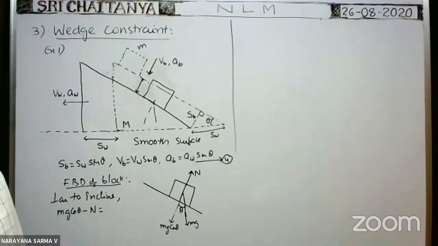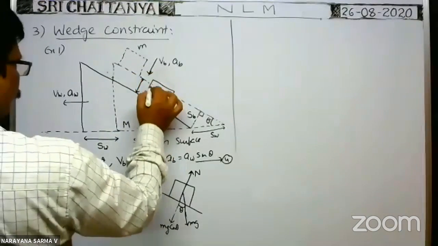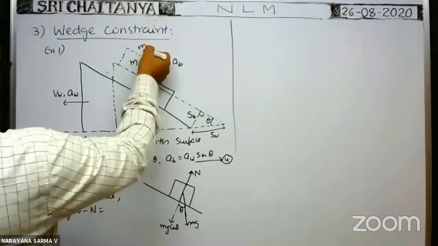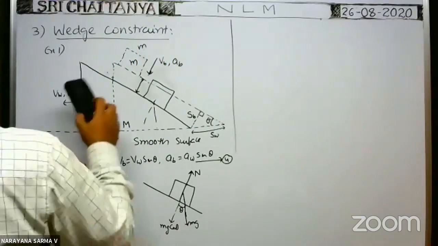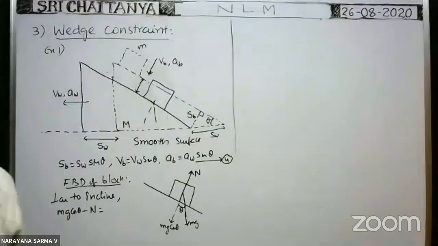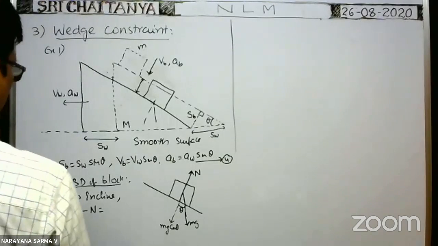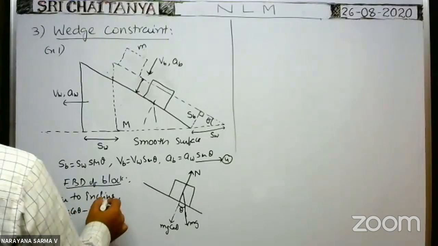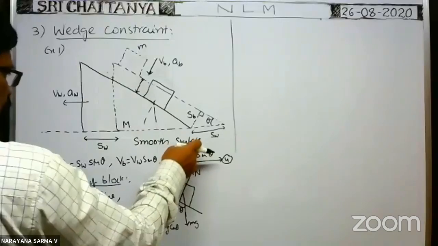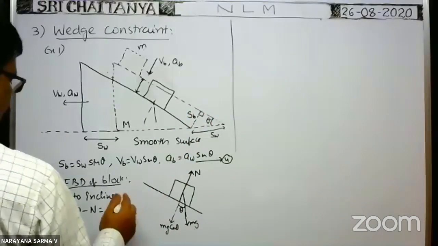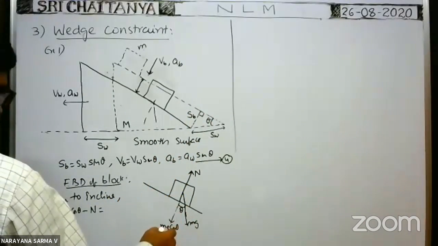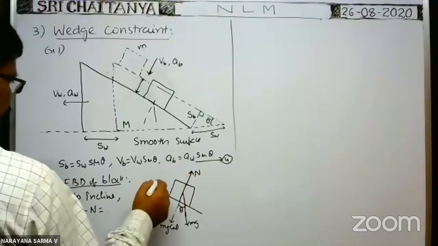Here small m is the mass of the block, and capital M is the mass of the wedge. Mg cos theta minus N is the net force on the block perpendicular to the incline.